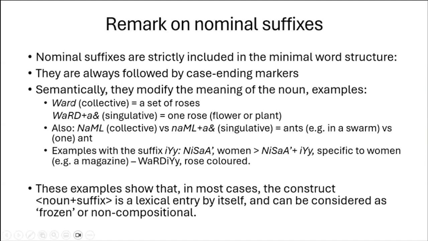Ward in Arabic is collective, a set of roses. Warda, one rose. Naml, collective for a swarm of ants, and one ant would be namla, with the plural namlat, etc.